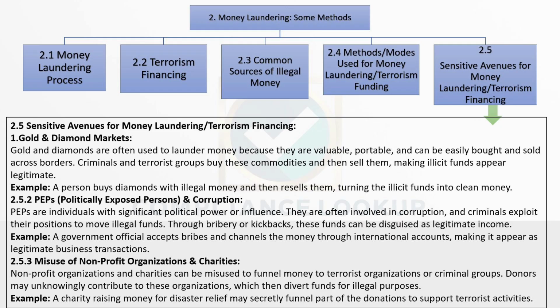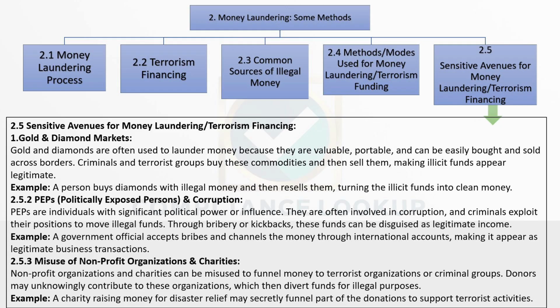PEPs, politically exposed persons, and corruption. Politically exposed persons, PEPs, are individuals with significant power or influence, such as government officials, heads of state, or high-ranking military officers. Due to their positions, PEPs are at a higher risk of being involved in corruption, such as accepting bribes or kickbacks.